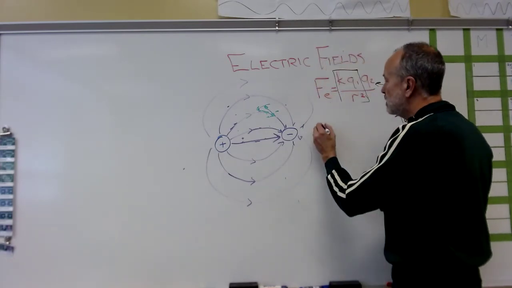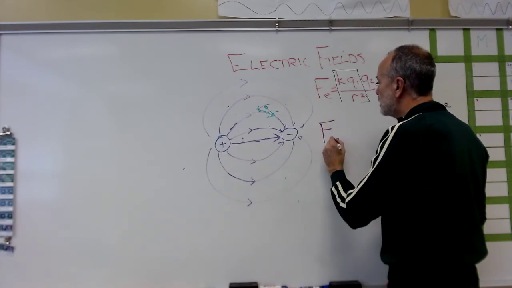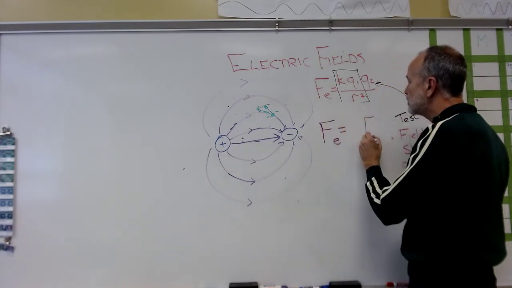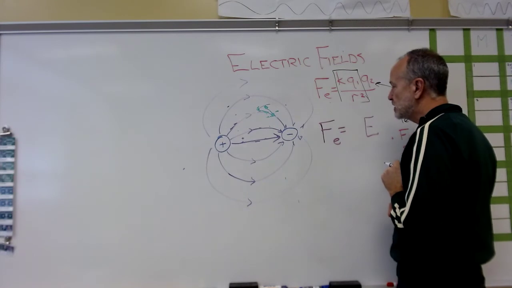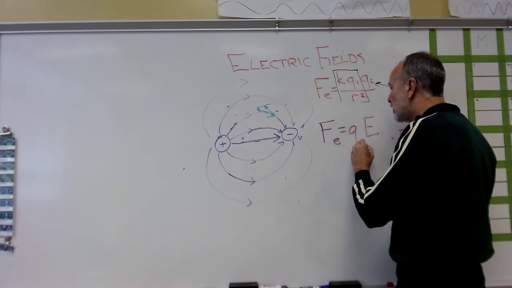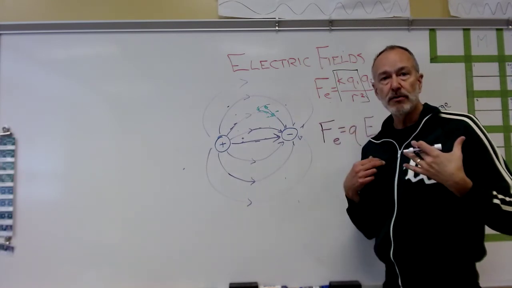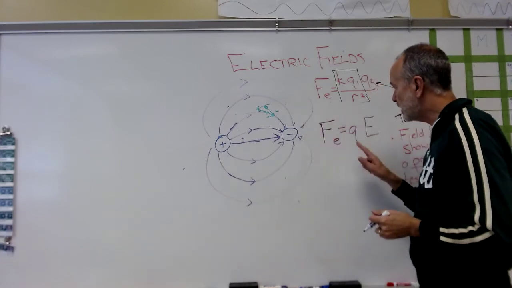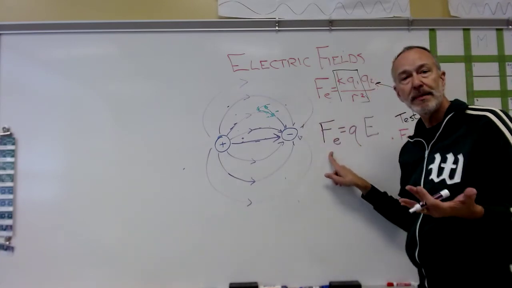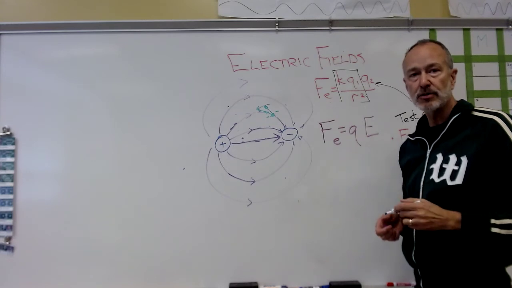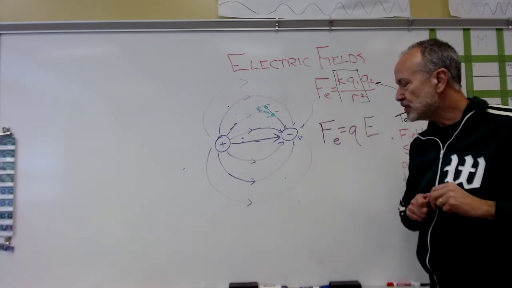And given the magnitude of the electric field at a certain location, and given the magnitude of the charge that you're putting in there, you should be able to find the magnitude of the electrostatic force. So that's how we use fields.